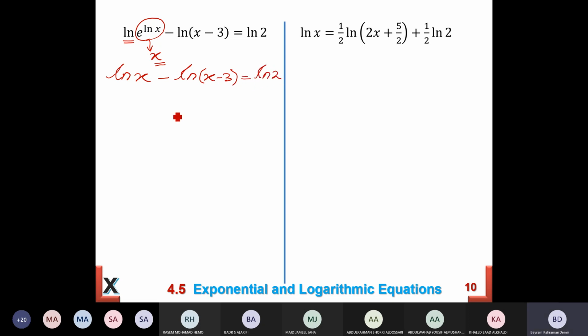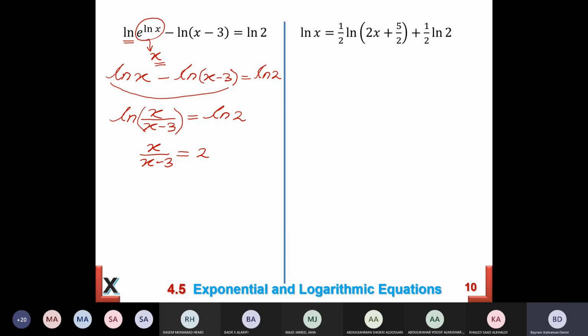All right. Logarithm minus logarithm means division, right? Logarithm of x divided by x minus 3 is equal to logarithm of 2, ln of 2. Now, ln is equal to ln, that means argument is equal to argument. So x divided by x minus 3 equals 2.